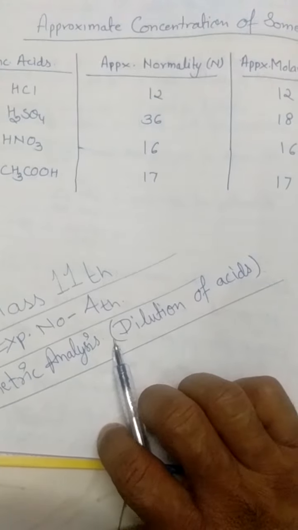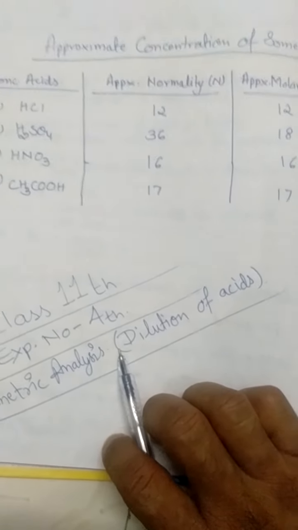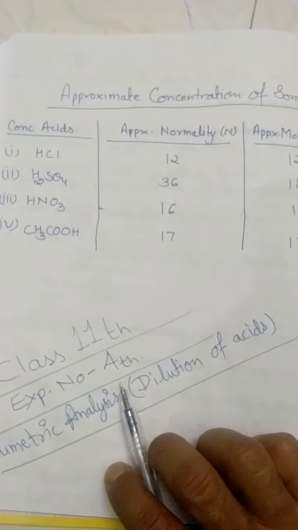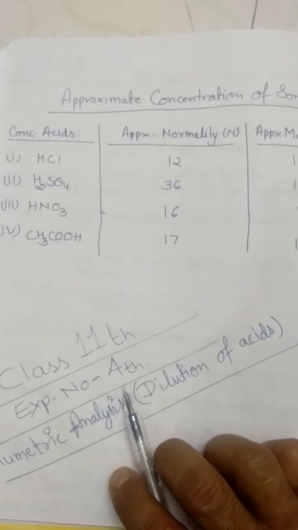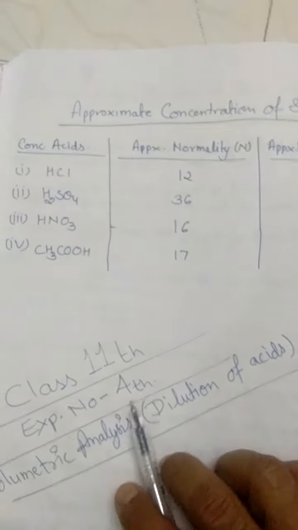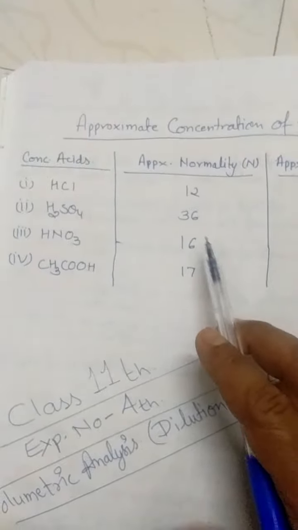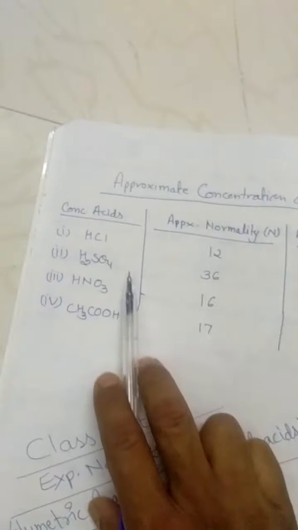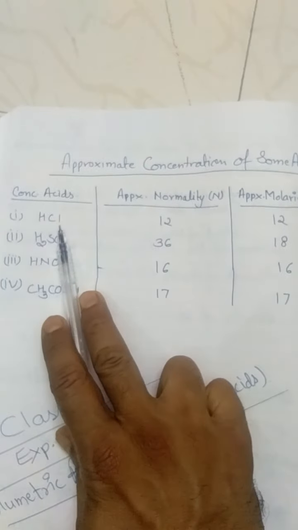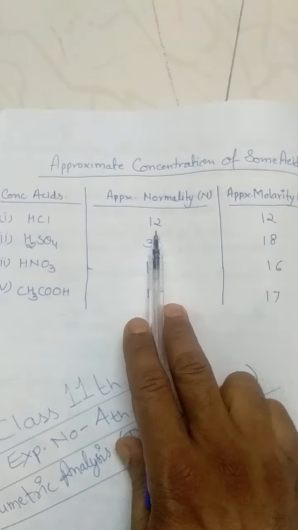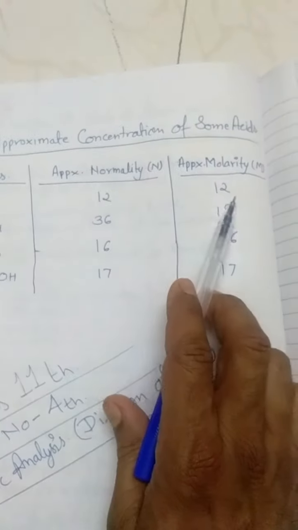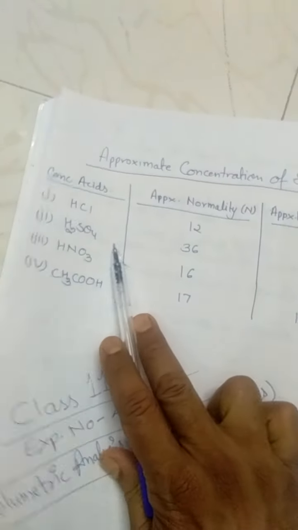Students, you should know that the concentrated acid which is marketed, which is available in our laboratory, has an approximate normality and approximate molarity. It is given here: hydrochloric acid, approximate normality is 12 and molarity is 12.